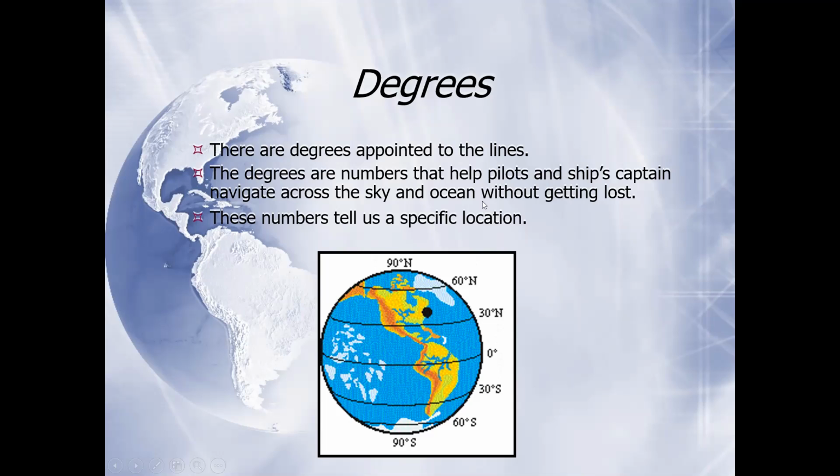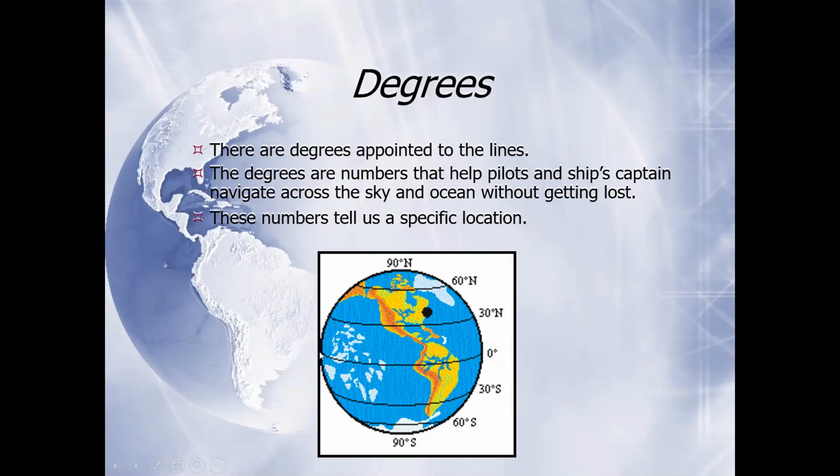Even some very advanced maps and technology use these latitude and longitude degrees to locate someone with great precision. So these numbers tell us a specific location.